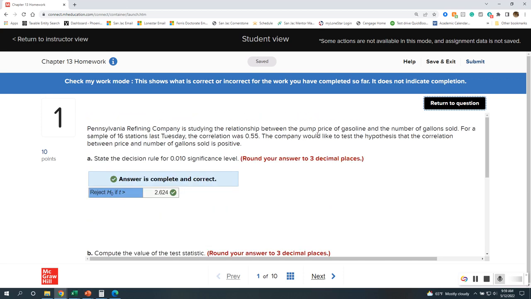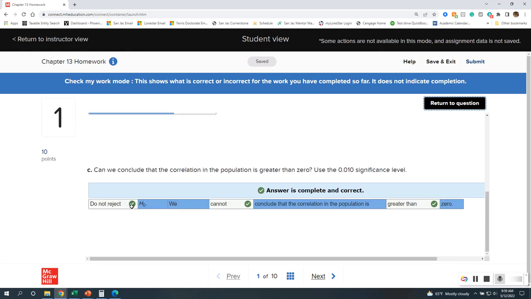Because again, since it's the alternative that we basically rejected, basically we cannot prove that it's positive. So we cannot prove that the correlation of the population is greater than 0. Now, yours may be a little bit different, because again, this is algorithmic. But that's how we would solve for problem 1.